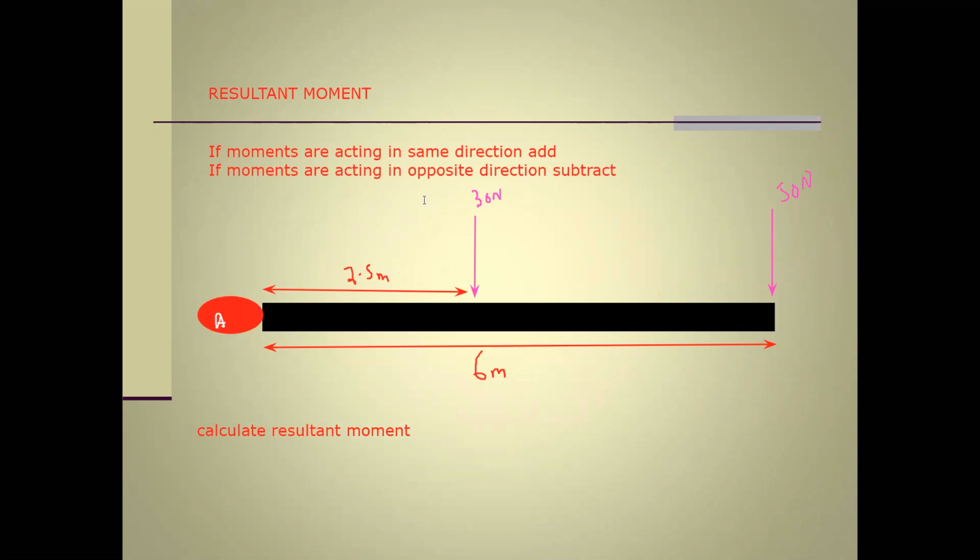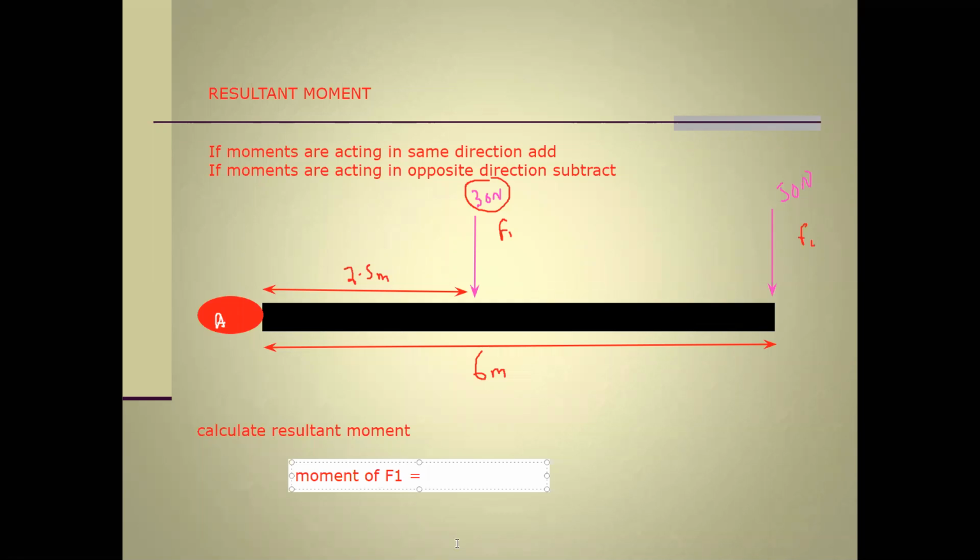Moment is a product of force and distance. So first thing, we will calculate the moment for each. What is the moment caused by this force? 30 is the force and distance is 2.5. This is force 1 and this one is force 2. So moment of F1 is force multiplied by distance.